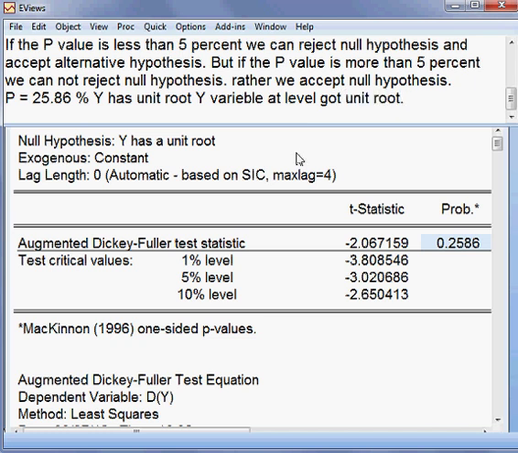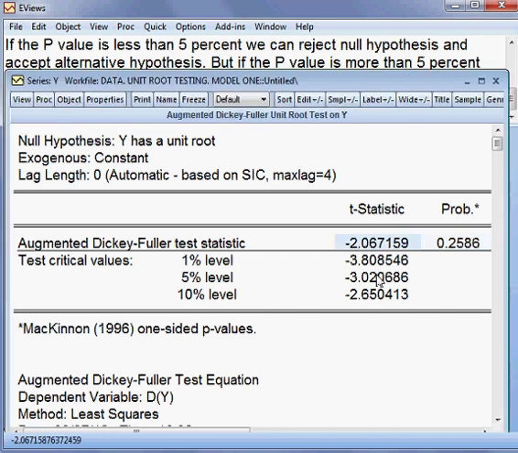Actually, this versus this is one way, and the p-value is another way, to check whether a particular variable has got a unit root or not.